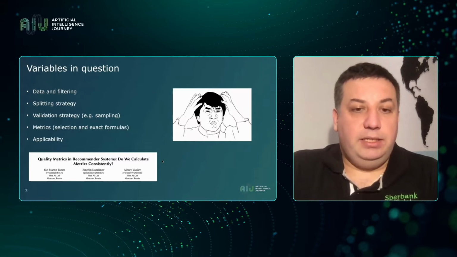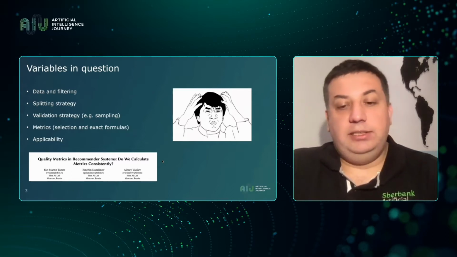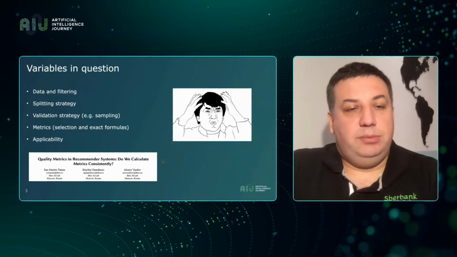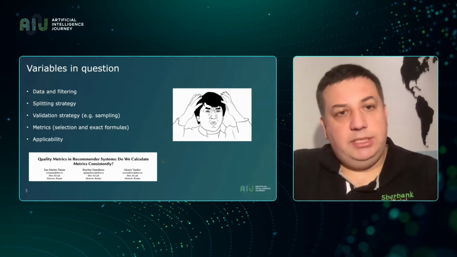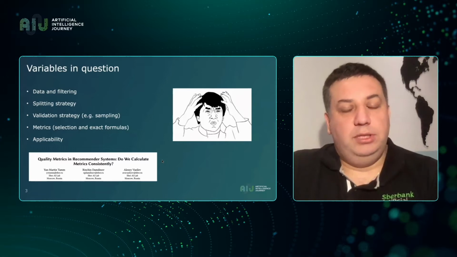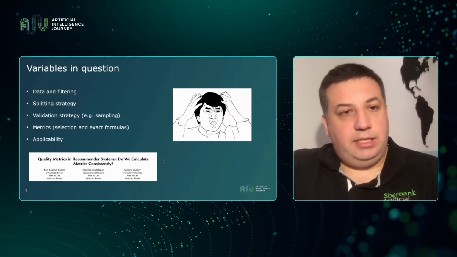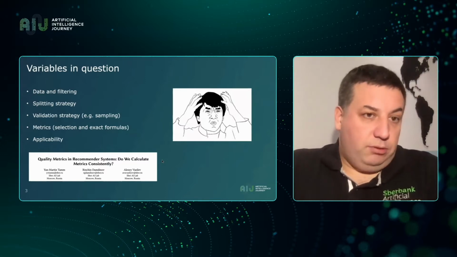For example, you may select only values for high estimation, only high values. After that, you would need to figure out the validation strategy. In recommendation, you have more options compared to regression or classification. You can split data randomly, or you can split data globally according to time, or you can do the same for a particular user. So within every user, you can split data into a train part and a test part.